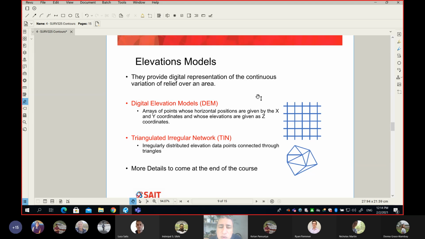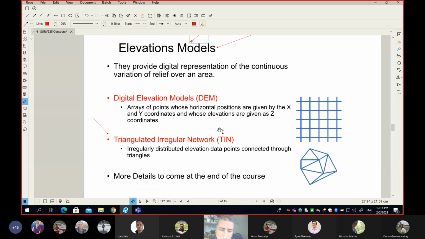Then we are going to use software to store the information of the elevation on our computer. And that's why there is a discussion here about elevation models. Look at this name, elevation model. The discrete point is not a model, it's just a discrete point. You will know better during this class about something called TIN and what elevation model means.